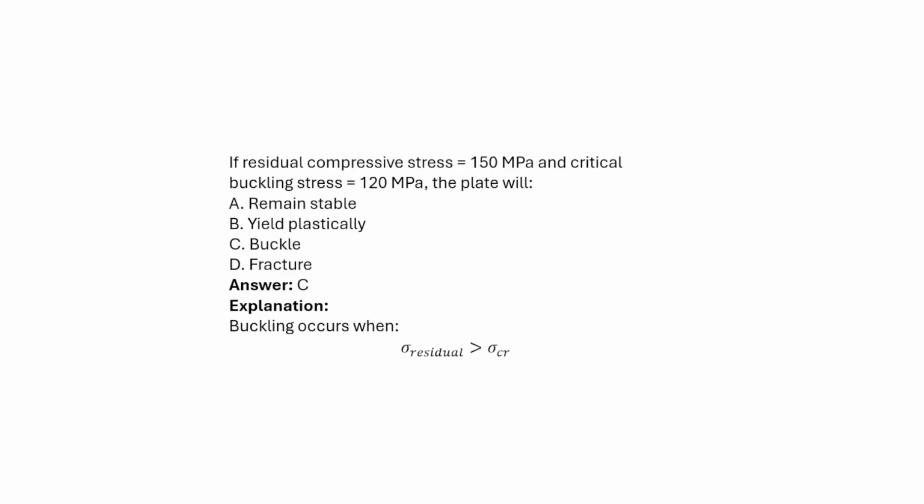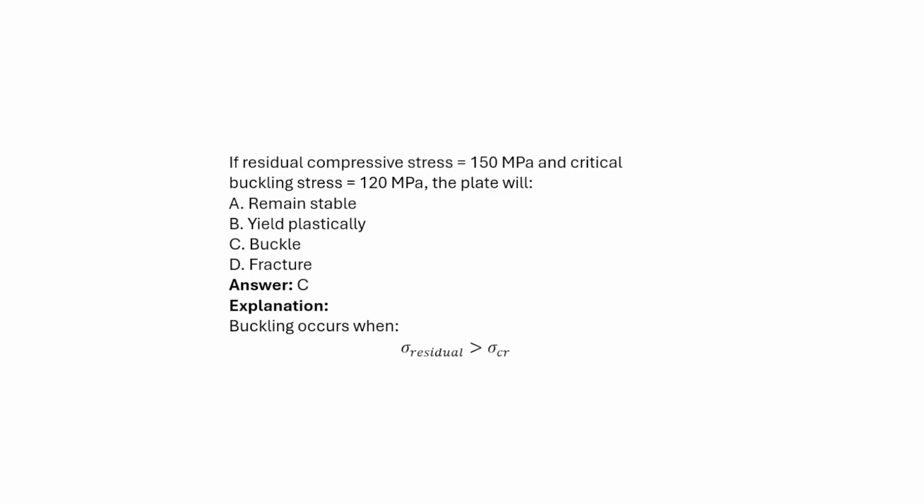If residual compressive stress is 150 megapascals and the critical buckling stress is 120 megapascals, the plate will: remain stable, yield plastically, buckle, fracture. Answer will be C. Why does buckling occur?